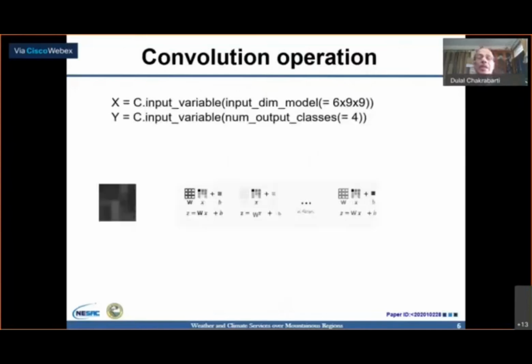The core concept in the CNN model is the convolution operation. We define here 2 containers, X, image values of 6 by 9 by 9 dimension, and Y, the output vector of length 4. Convolution involves scanning the images by filters, performing the dot product operation between the filter and the input values.